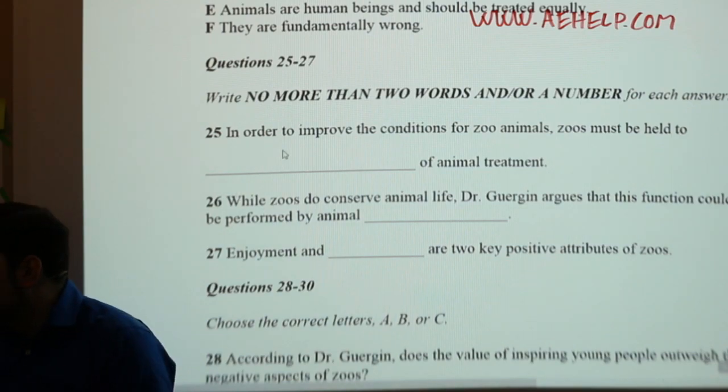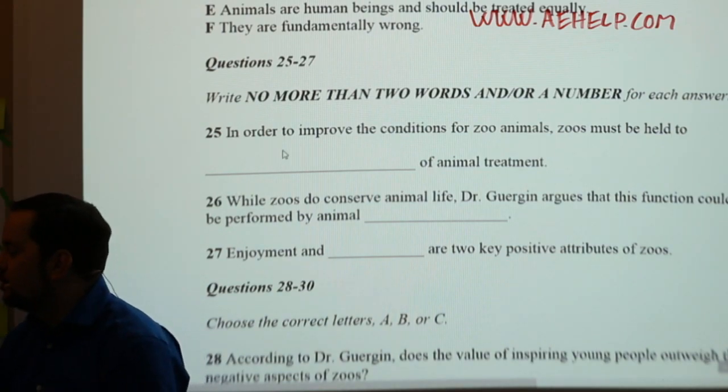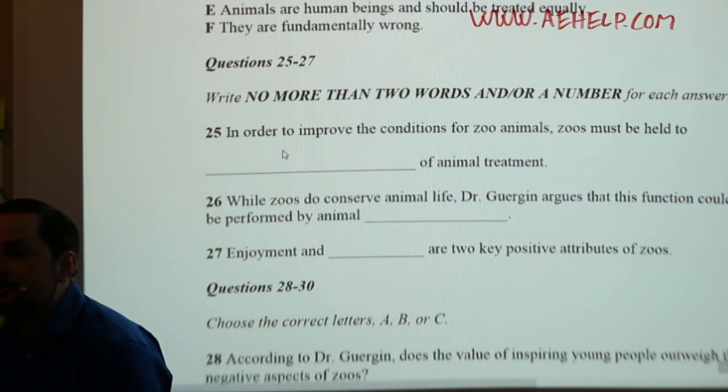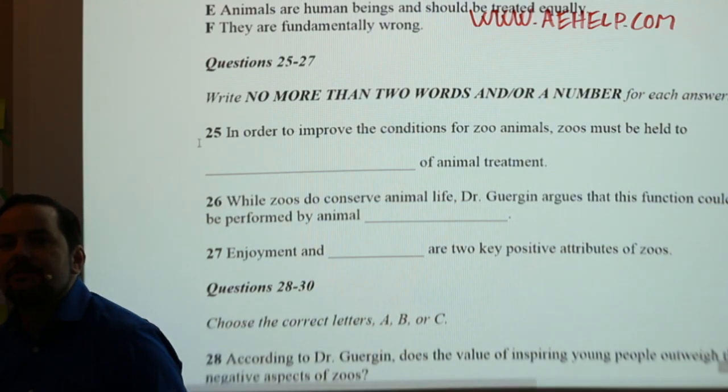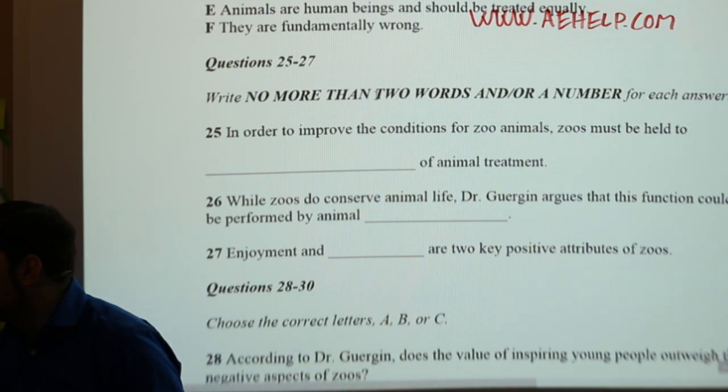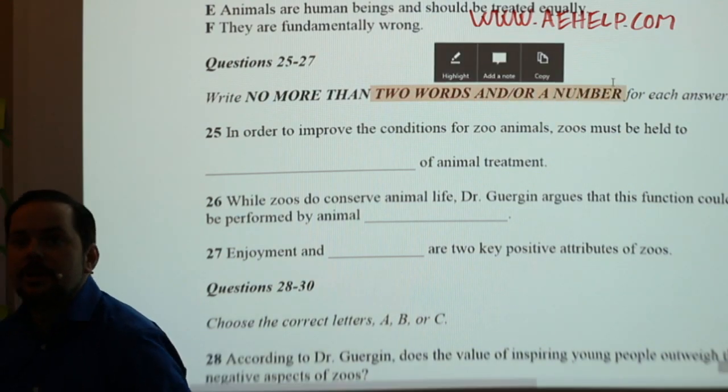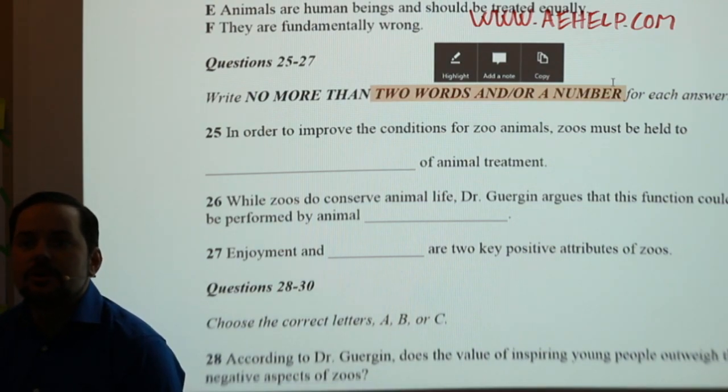So 25 to 27. No more than 2 words and or a number. Always be very, very careful to pay attention to the instructions, especially when it says something like 2 words and or a number. Make sure that you respect these instructions. Do not write 3 words. If you write 3 words, you will get it wrong.